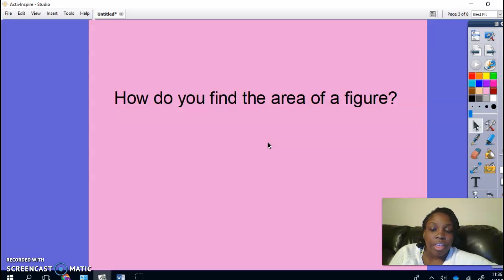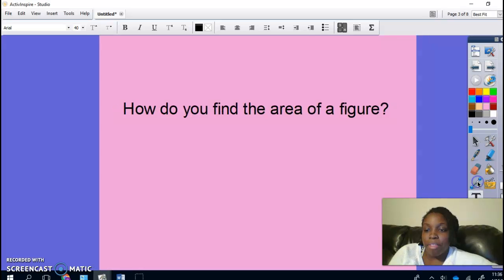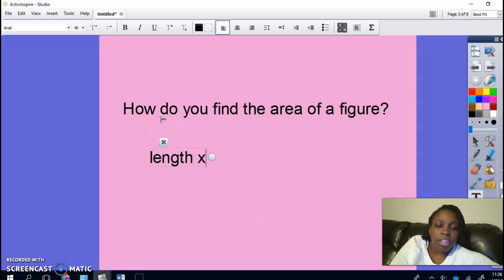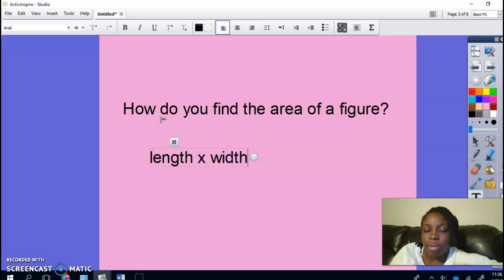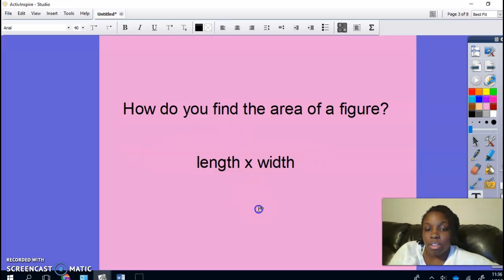What is the formula for area? And think about it. The formula for area is length times width, or width times length, or L times W. So you know you're multiplying two sides. So we're sticking to that formula when finding the area of rectilinear figures.